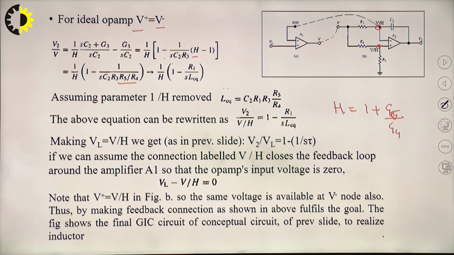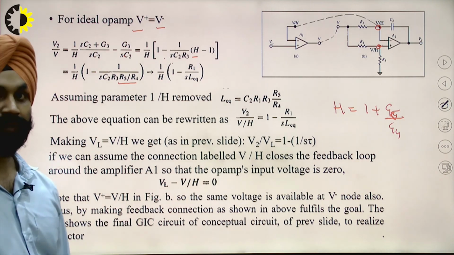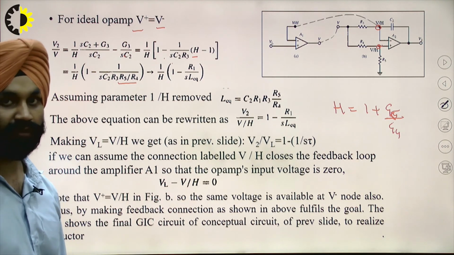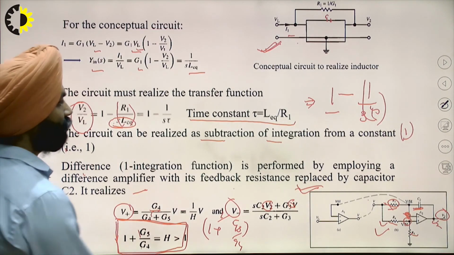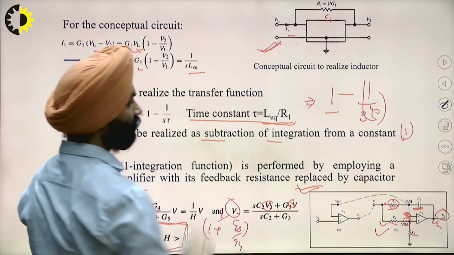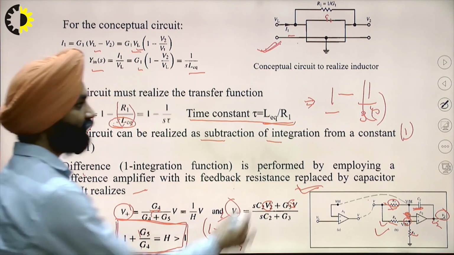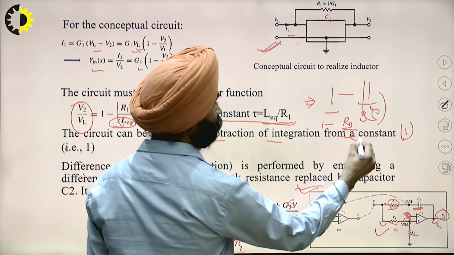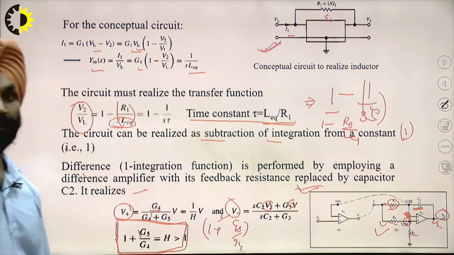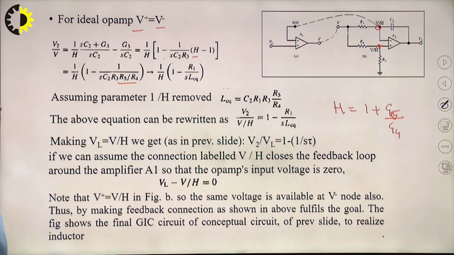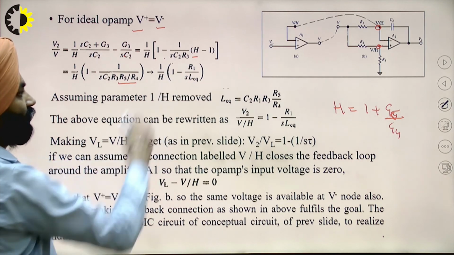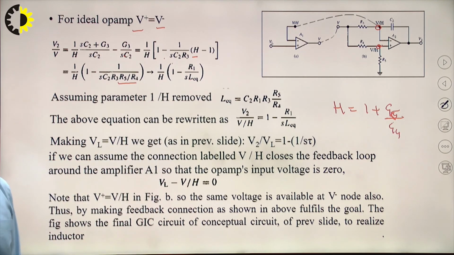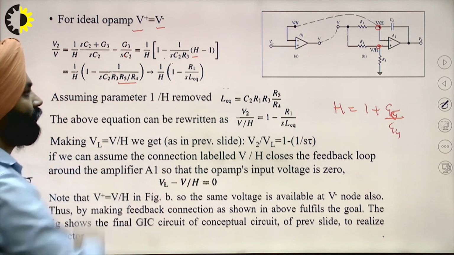Right. Now again, if we remember in the previous time constant discussion, we have L equivalent by R1 is tau, and we need 1 minus R1 by L equivalent. So if we include L by multiplying and dividing by R1, it will give 1 minus R1 by L equivalent.